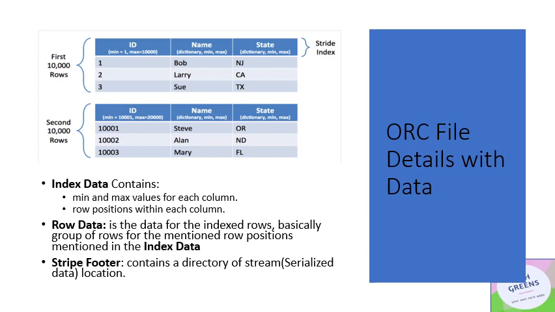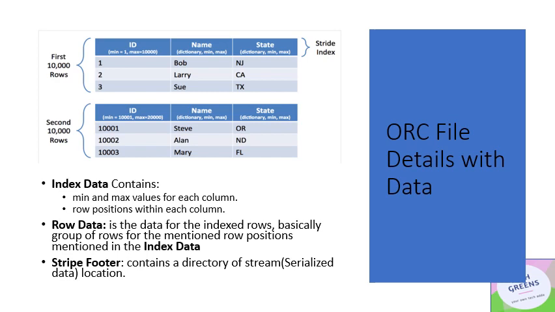Though here we are just showing three rows, we are saying that this stride actually contains 10,000 rows. So that is making a component construct for one stride. And similarly, the next 10,000 rows will make another stride, right? And these sizes are taken on the fact that the stripe has a default size of 250 MB, so it cannot go beyond that. The last element in the stripe is the stripe footer.